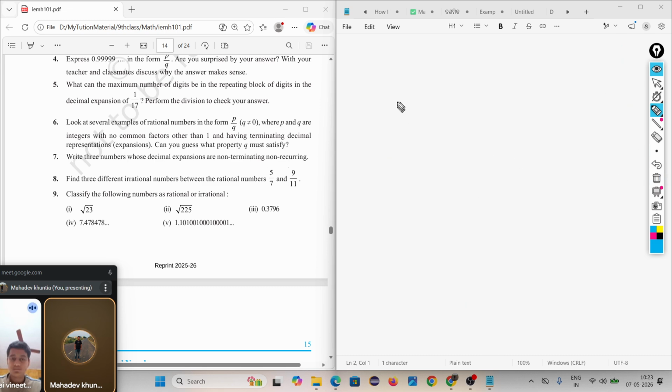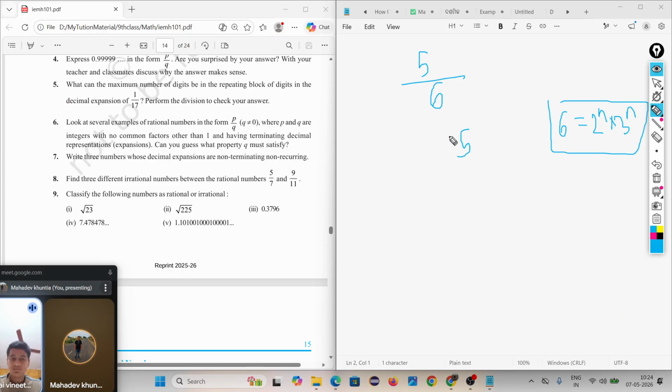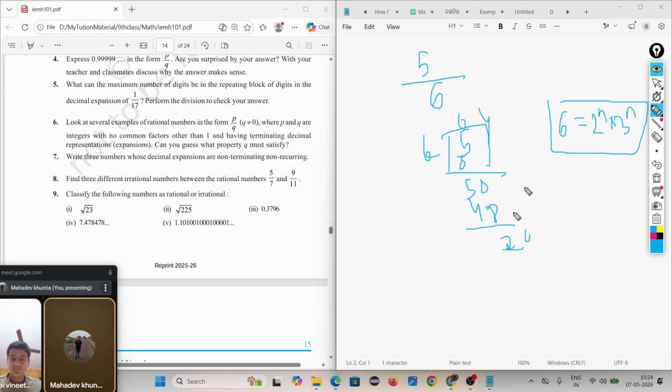Okay. Look here, 5 upon 6. 6 has 2 raised to the power n into 3 raised to the power n. So are you thinking here you will get non-terminating? Yeah, non-terminating, because look, 0, 5, 50, 6 8s are 48, 2 0, 6 3s are 18.